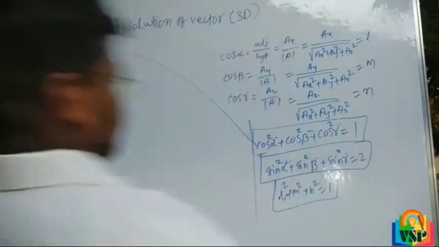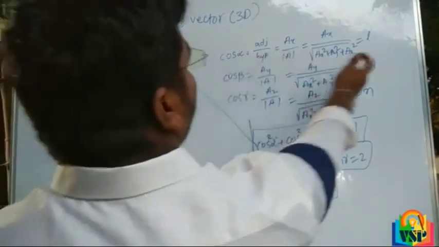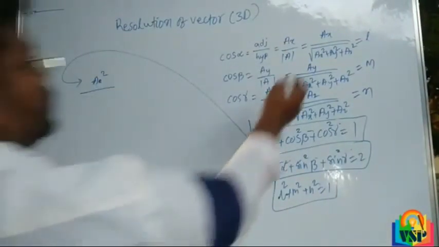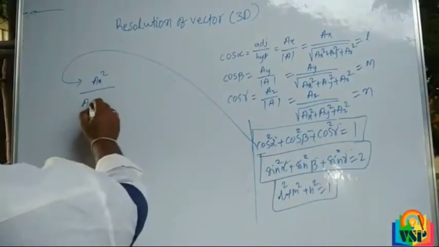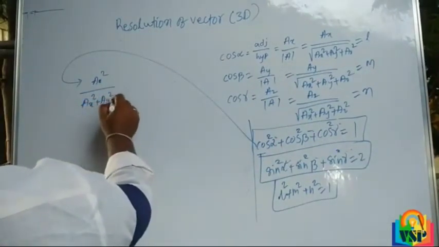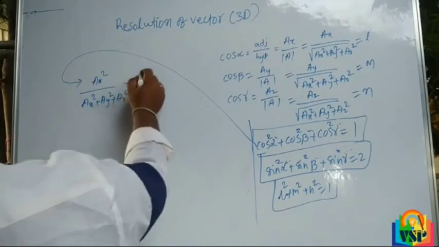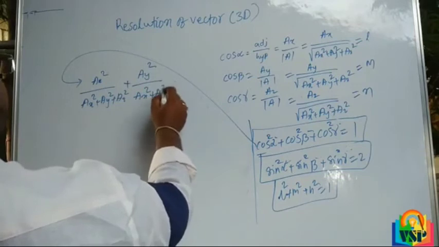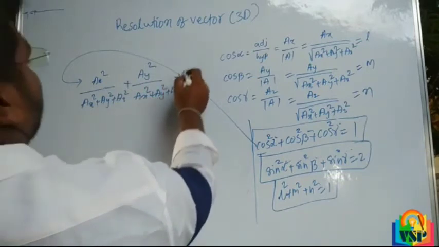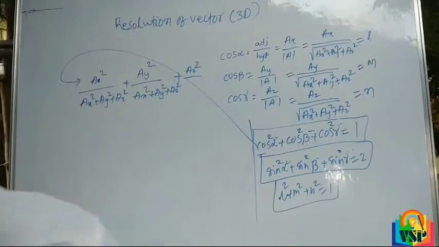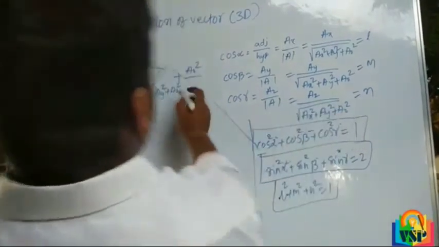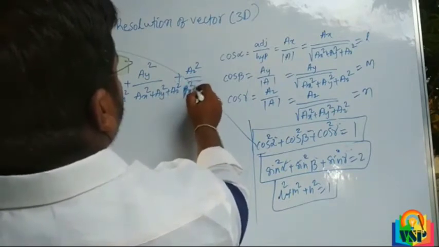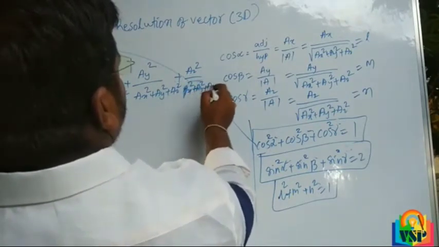Cos square alpha means squaring, so the square root gets cancelled: ax square divided by ax square plus ay square plus az square, plus ay square divided by ax square plus ay square plus az square, plus az square divided by ax square plus ay square plus az square.